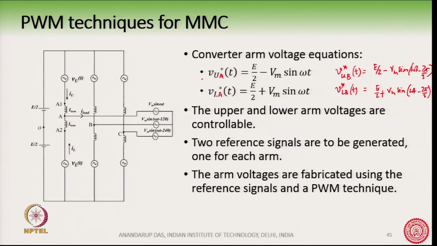The PWM fabricates the arm voltages based on this reference signal and the PWM technique that we are going to use. With this, what we achieve is that the upper and lower arm voltages become fully controllable. So, this is the basic idea of using these reference signals and the PWM technique.